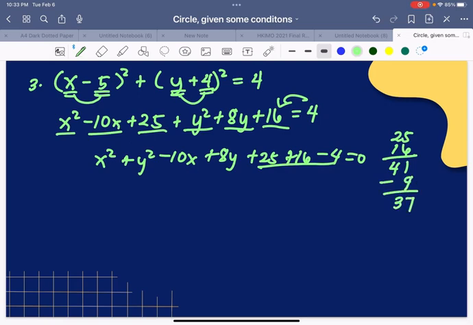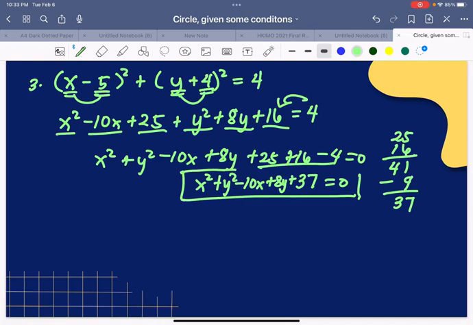Okay, so this is 37. So let's copy the other terms. We have x squared plus y squared minus 10x plus 8y plus 37 is equal to 0. So this is now the general equation of this equation. So as simple as that.